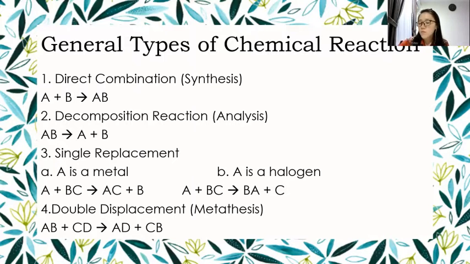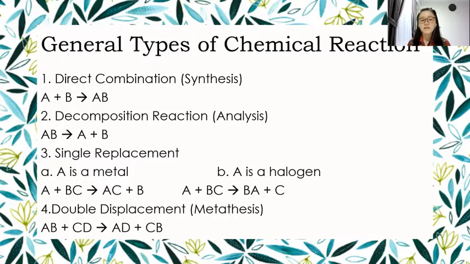When the reactants are A and BC, if A is a metal, they will turn into AC plus B. And if A is a halogen, it will turn into BA plus C. Okay, so you must note it down. It's different. You cannot just replace it randomly. You must know whether A is a halogen or A is a metal.